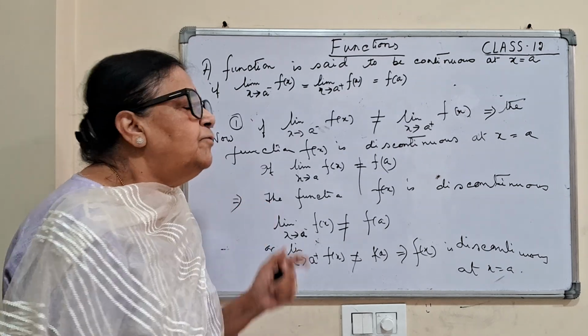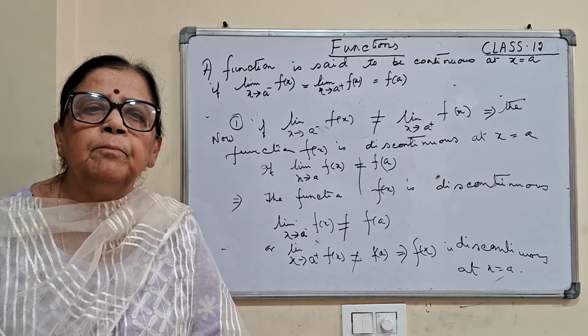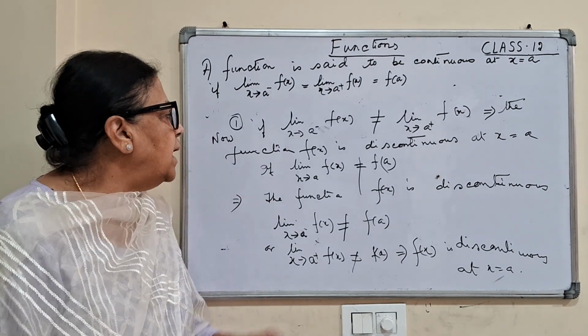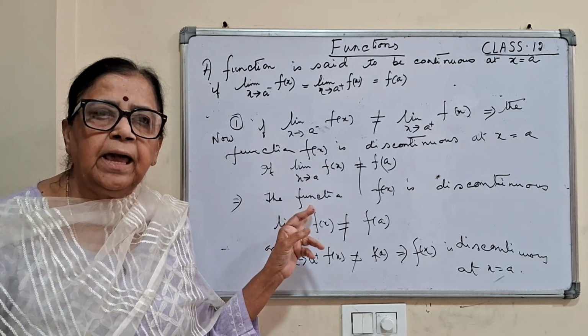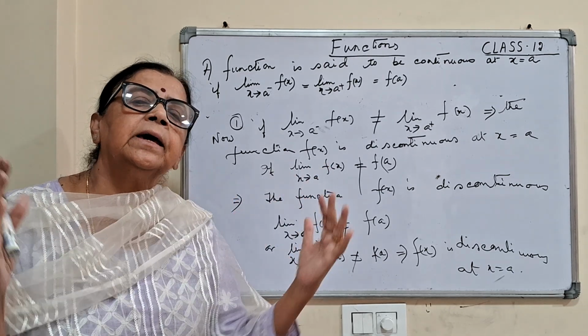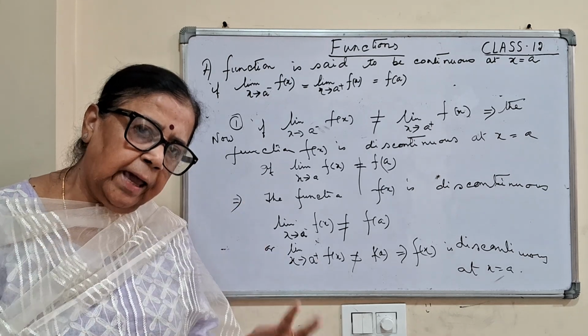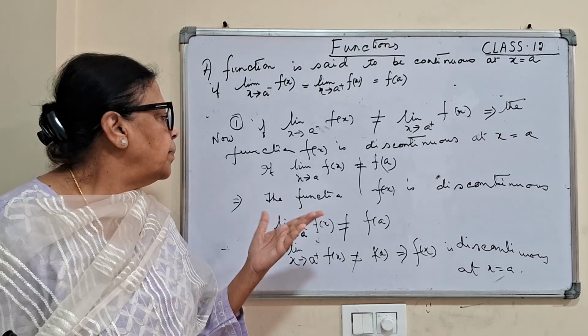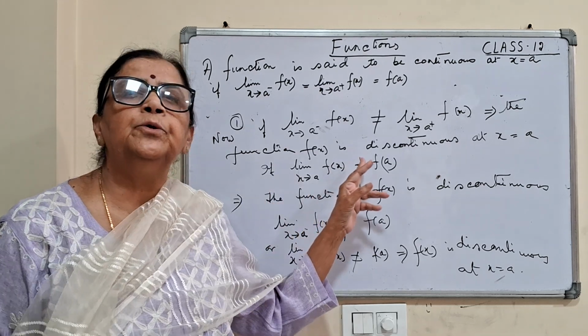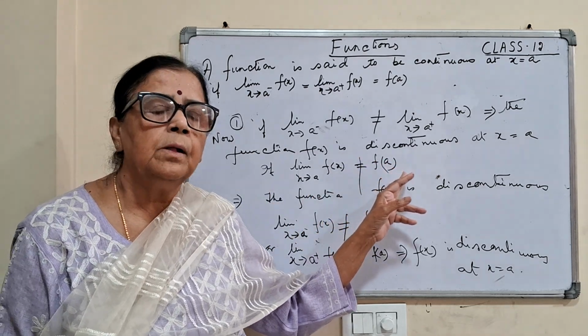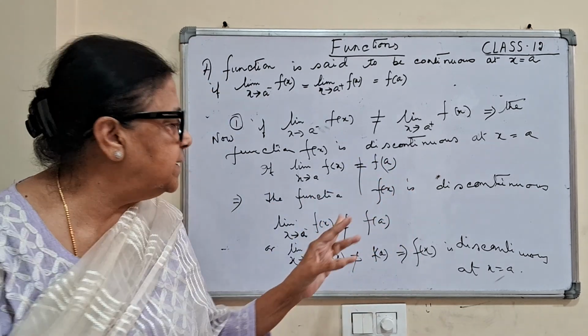Similarly here, if the limiting values of both sides are the same, they are equal, then I can combine and write limit x tends to a of fx is not equal to the functional value. I'll give you the examples later.